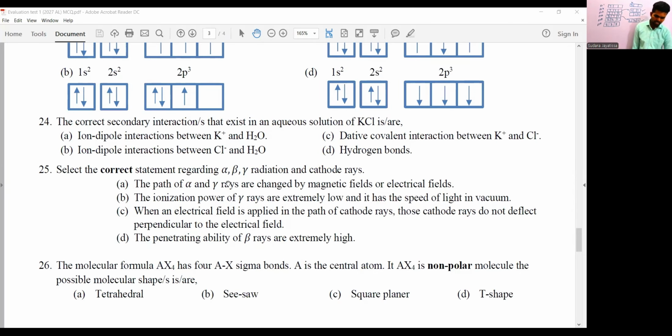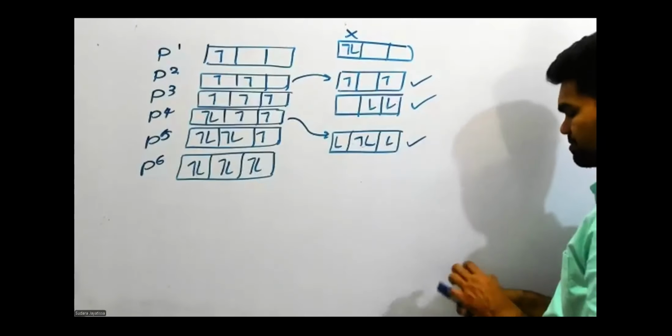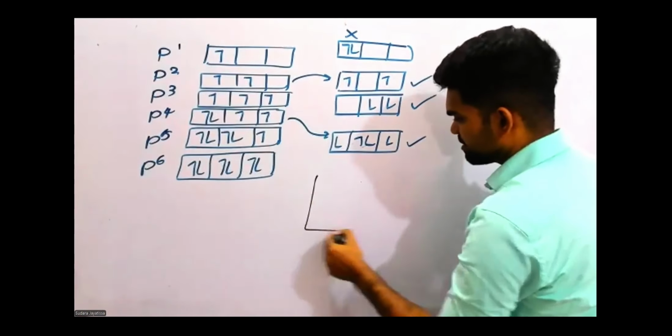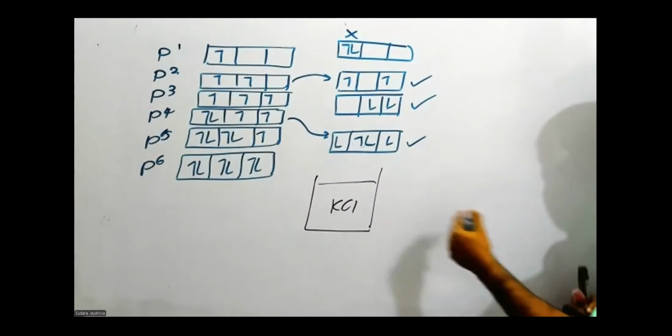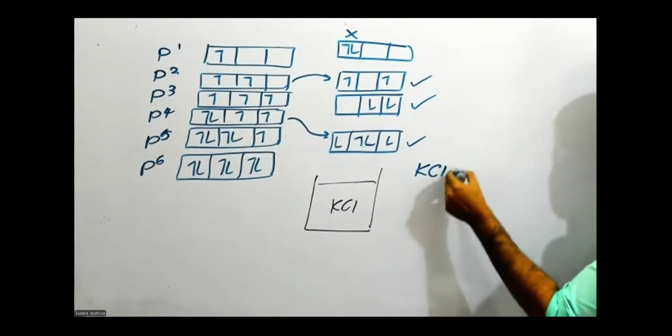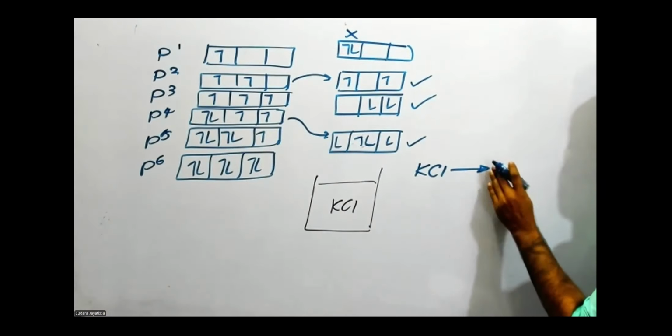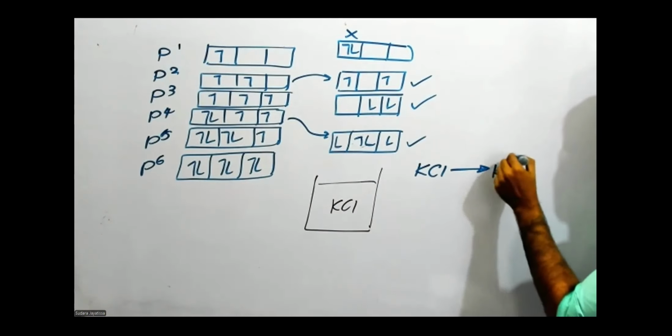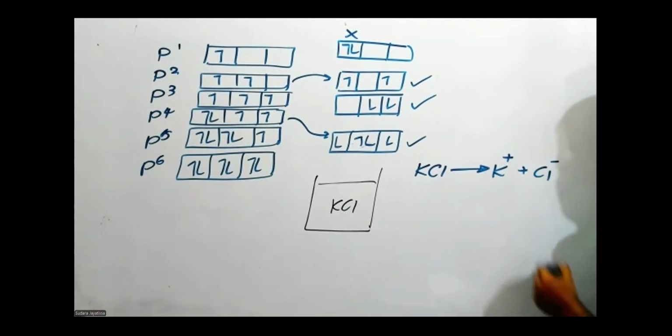The correct secondary interactions that exist in an aqueous solution of KCl. Now if we take a KCl solution, the potassium chloride ionic compound is completely soluble. So it will give you K plus and Cl minus.